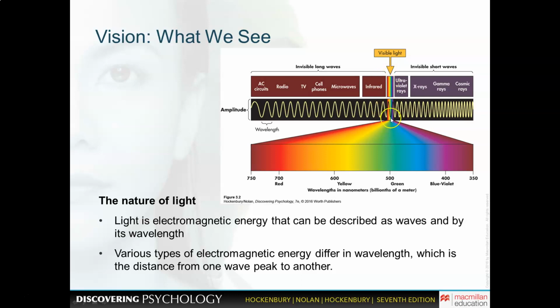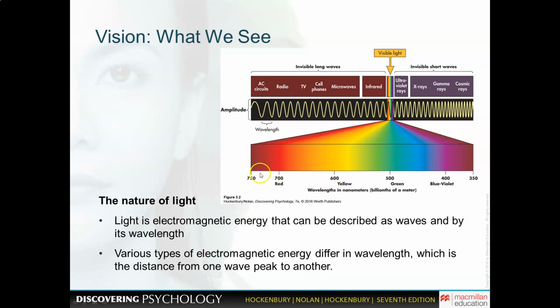And then, right here, this is the spectrum that we're able to perceive. It goes from this to this. Now, I'm not worried about the rate of speed, but just know that as the rate of speed changes, we perceive different colors.